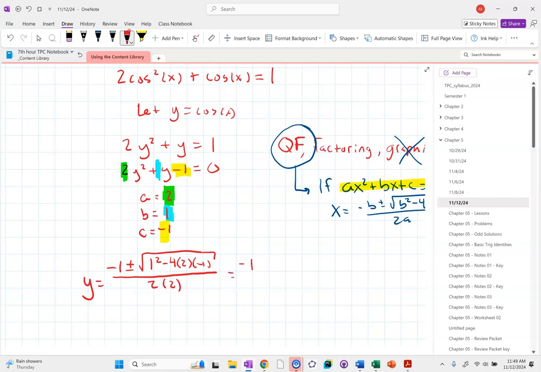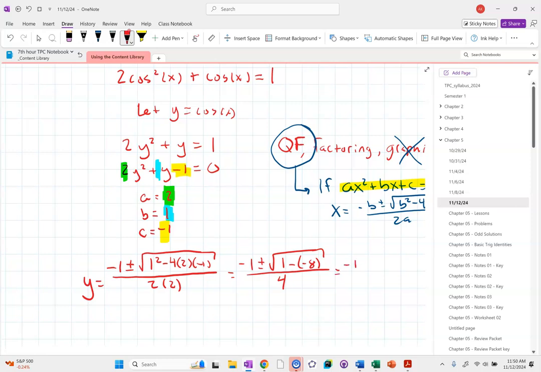Okay. 1 squared is 1. What's 4 times 2 times negative 1? Negative 8. And then what's 2 times 2? 4.